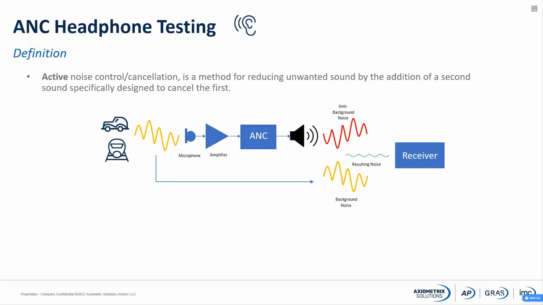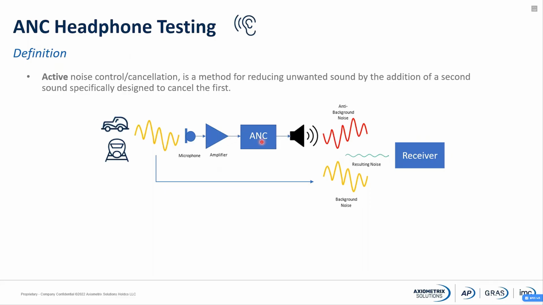And here we have an example of this. We have a noise source that it could be traffic noise, it could be the noise from the metro, it could be the noise from people talking around you in a library. You get the idea. And then we get a receiver. So the noise from this noise source is getting into the receiver. It's arriving to the receiver. But then we can have a system with a microphone that captures the signal from the original noise source, amplifies, and then does some kind of processing.